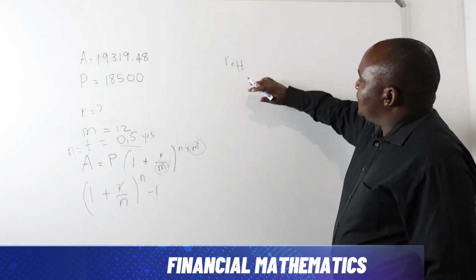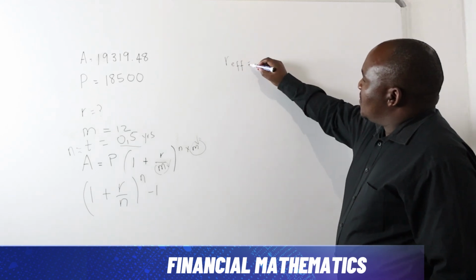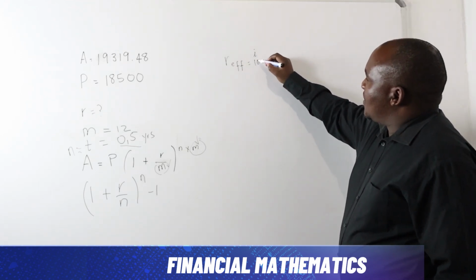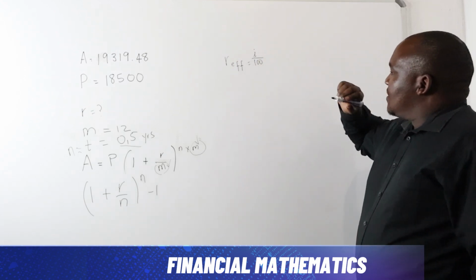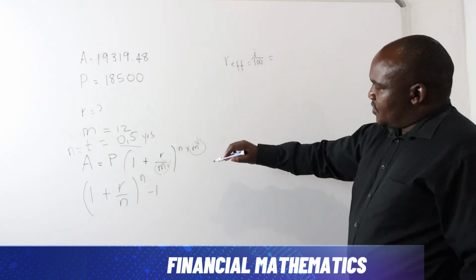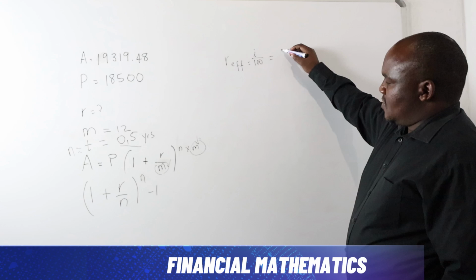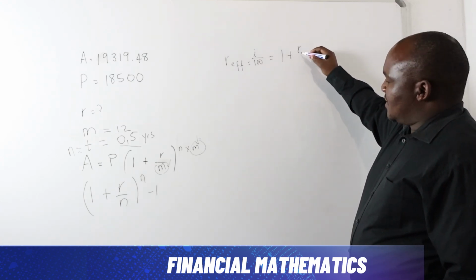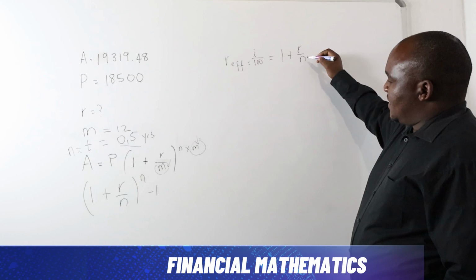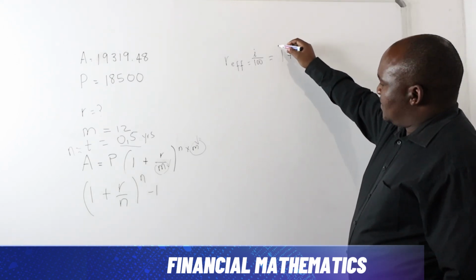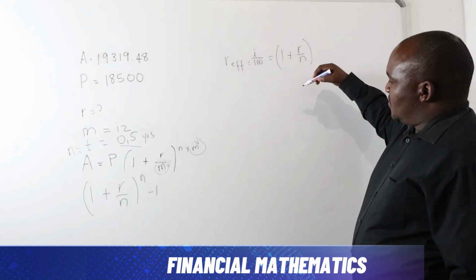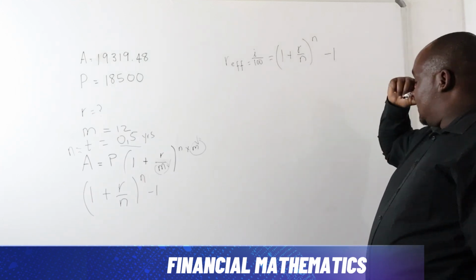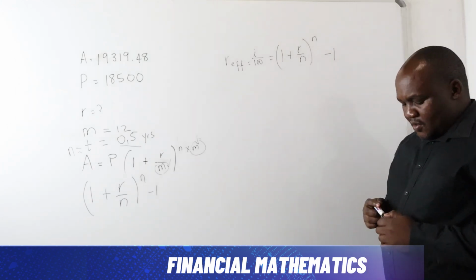R effective, we can also express it as I over 100, which is equal to (1 plus R over N) to the power N minus 1.